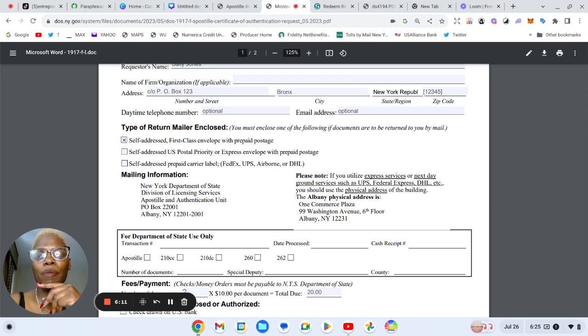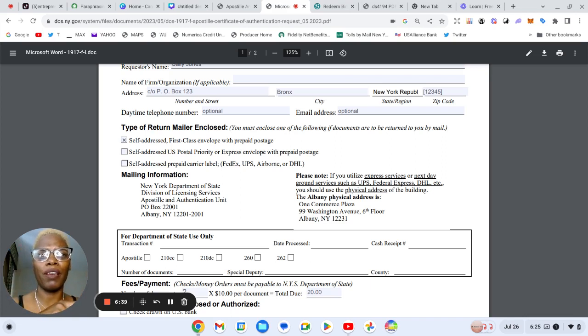Now, type of return, mailer enclosed. You literally have to send in, along with your documents, a self-addressed envelope, so the actual documents that will be authenticated are sent back to whatever address you choose. You can do it, as you can see, first class U.S. Postal, Express, FedEx, UPS.